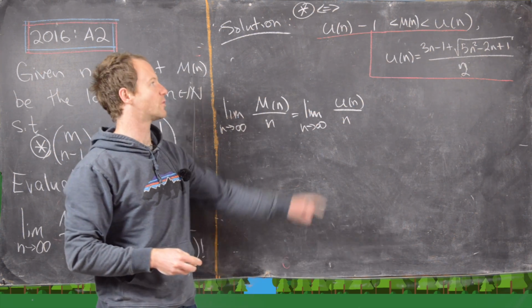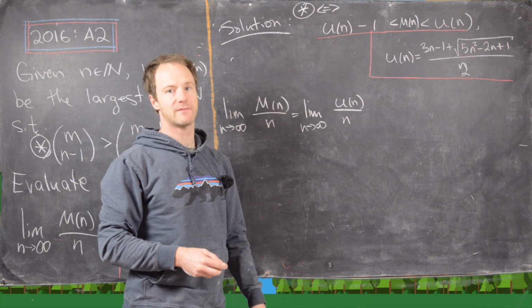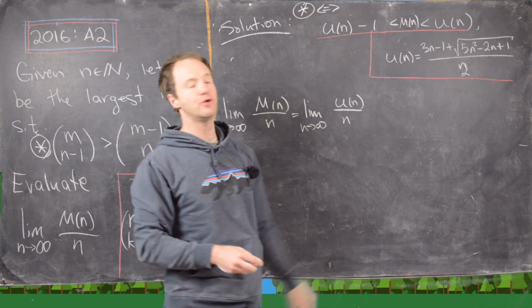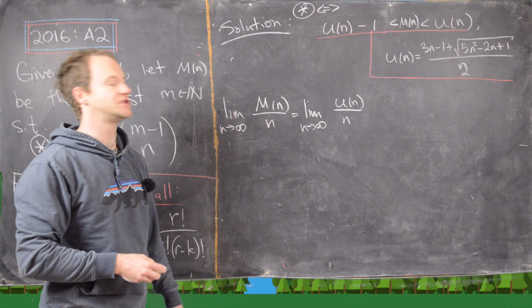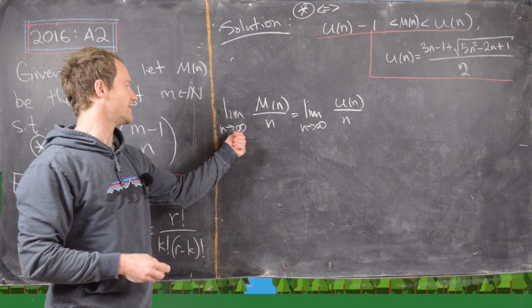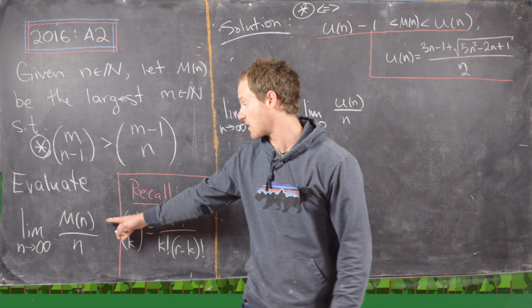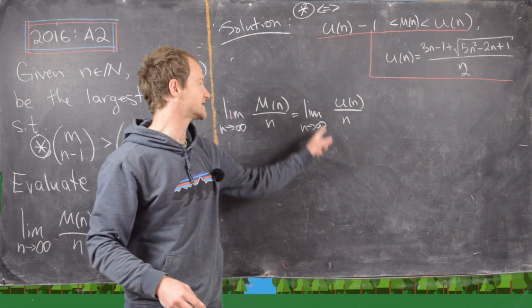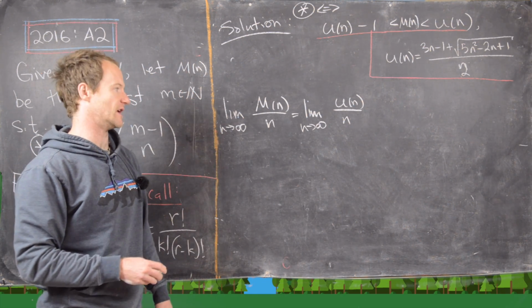Okay, so on the last board we argued that m of n had to lie between u of n minus 1 and u of n, where u of n was this. Great. And then it follows, using the squeeze theorem, that the limit as n goes to infinity of m of n over n, which is our final goal, has to be the same thing as the limit as n goes to infinity of u of n over n.